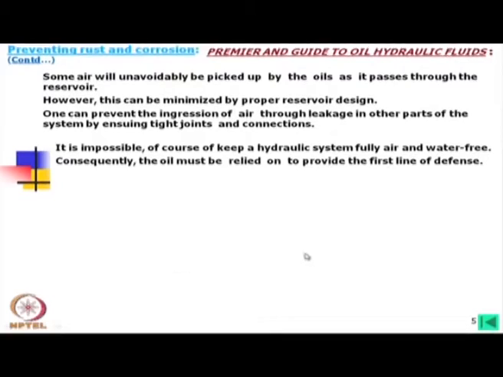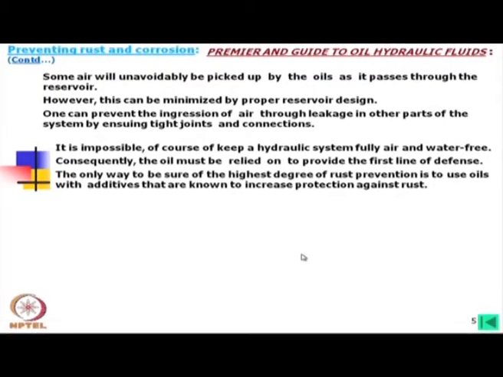The air which is present in the reservoir may also have water particles that will be mixed up with the oil. The only way to be sure of the highest degree of rust prevention is to use oils with additives that are known to increase protection against rust.